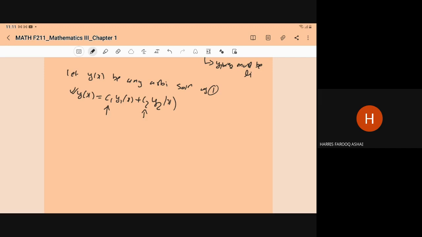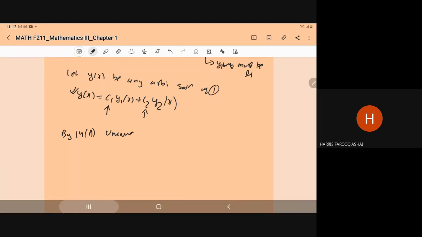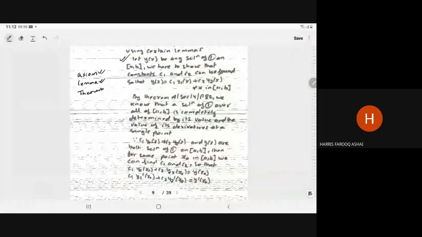to this. For that purpose, by theorem 14a, when we say that y(x) is equal to c1 y1(x) plus c2 y2(x), it means the solution is unique. In theorem 14a, when some condition is given to you, only then do we say that two solutions are the same.